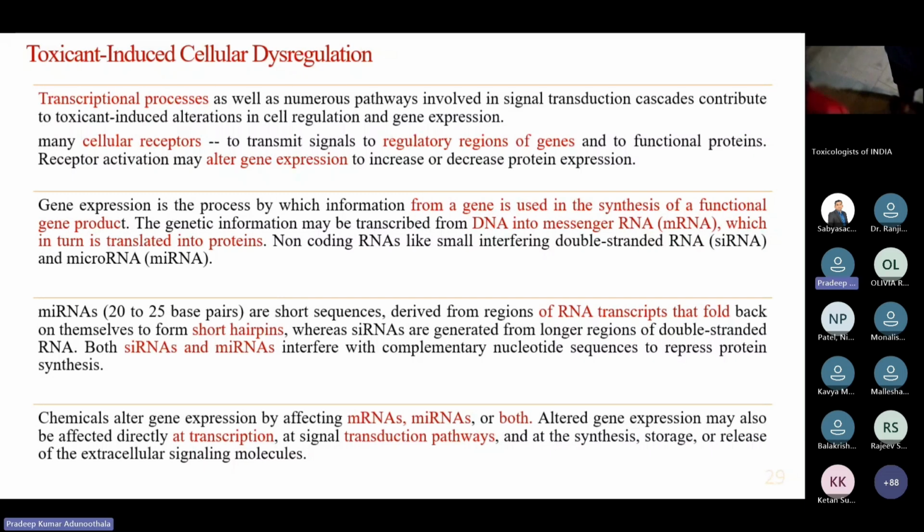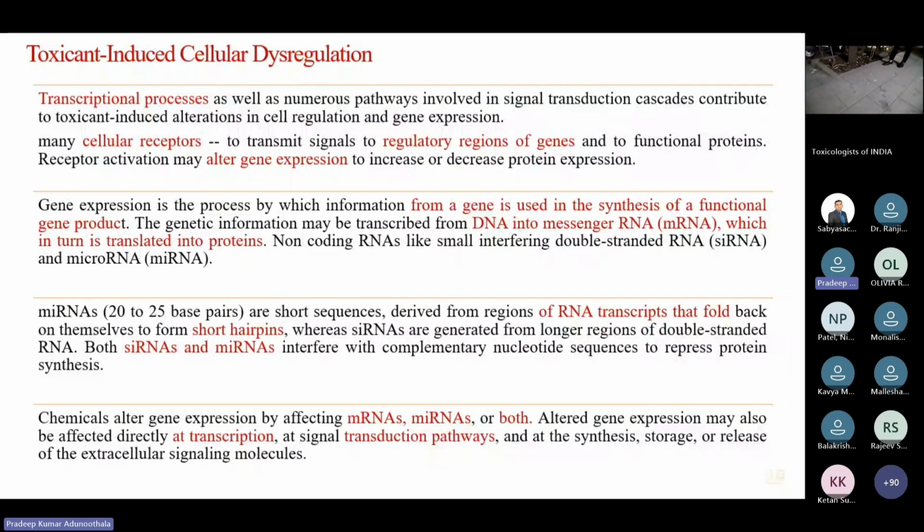Then the non-coding RNAs: there are many non-coding RNAs, like small interfering double-stranded RNA (siRNA) and miRNA. These two are the RNAs where the toxicity mechanism mostly happens, especially the miRNA, which is a microRNA.